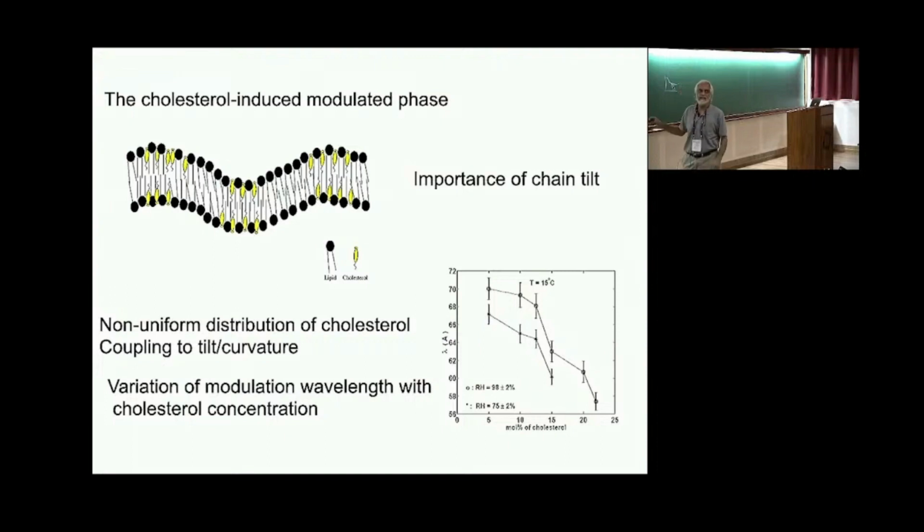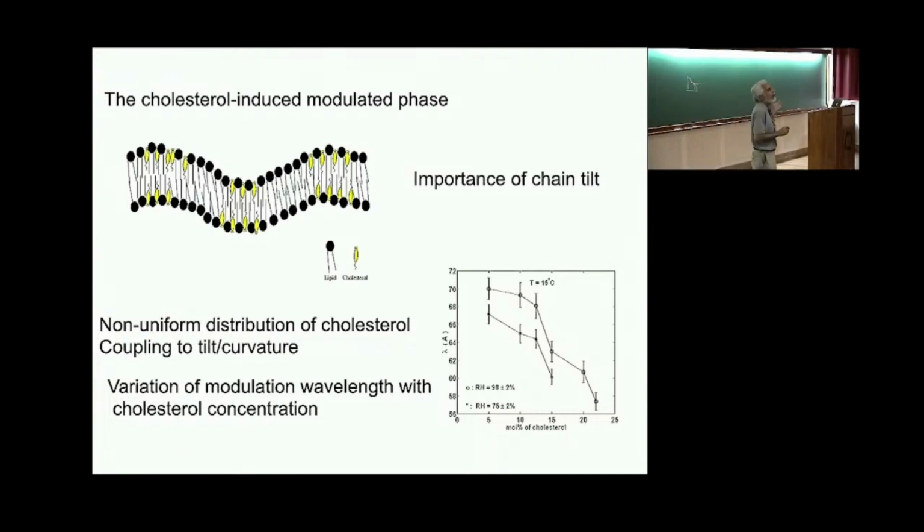As you increase the concentration of cholesterol, you find that this periodicity actually decreases. What it means is that when you add more cholesterol, you create more of these cholesterol-rich stripes in the system, where the width of the stripe does not increase. So as the number of stripes increases, the period decreases, and essentially you have an almost continuous transition of the gel phase into the fluid phase as a function of cholesterol concentration.